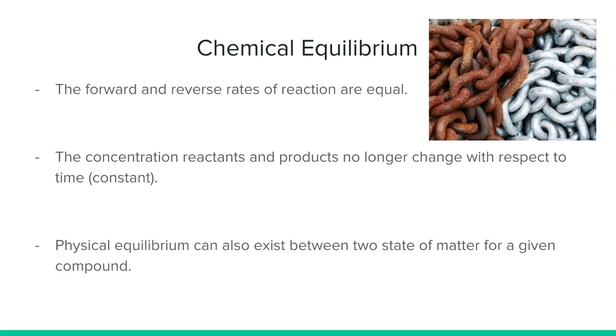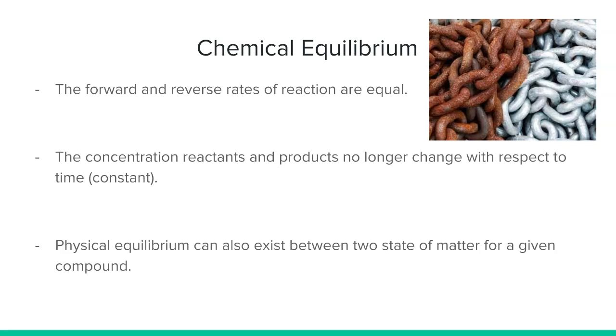Now, while this chapter will primarily focus on chemical equilibrium, there is such a thing as physical equilibrium, where we're talking about two states of matter in equilibrium with one another. You could have a liquid and a gas, and the liquid, based on vapor pressure, is slowly going into the gas phase, while a certain amount in the gas phase is condensing back into the liquid form.